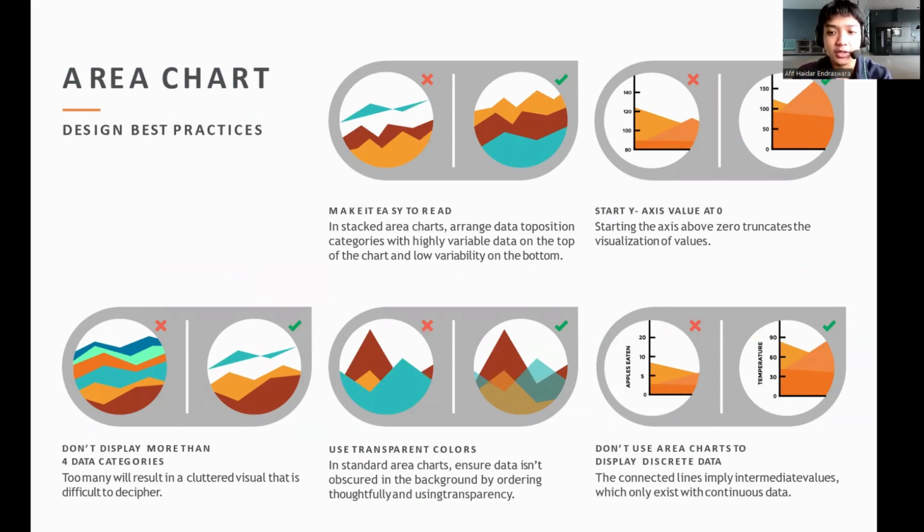And then we need to also start the y-axis value at 0, if possible, and then don't display more than 4 data categories because it will be confusing. And then use transparent colors, if possible, if there's overlapping, to make sure that the area is seen more clearly. And then don't use area charts to display discrete data.